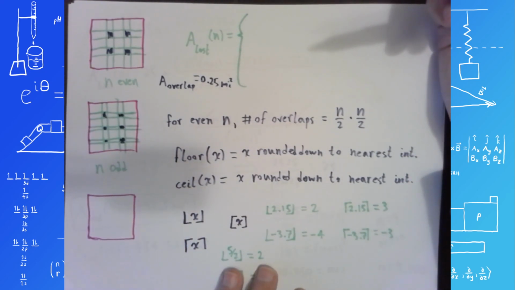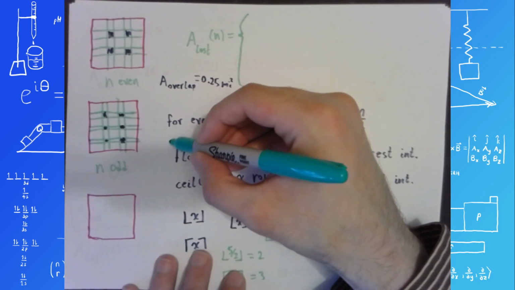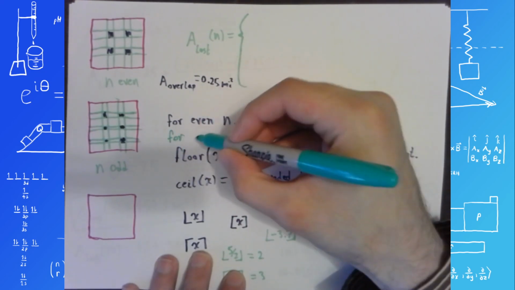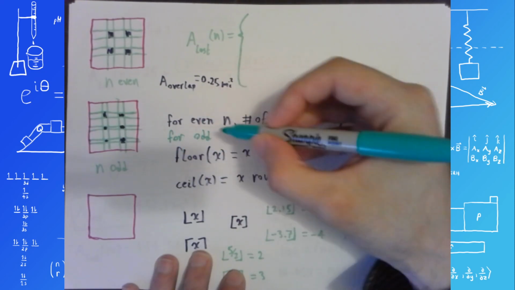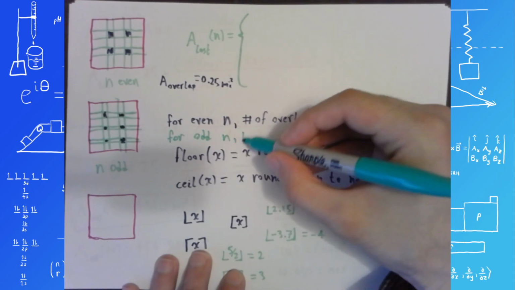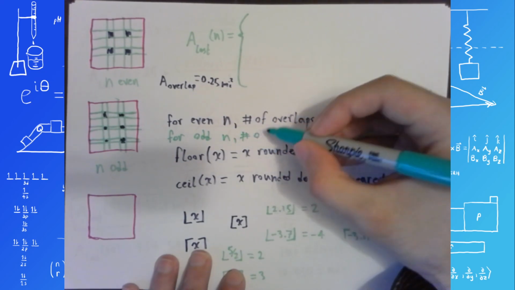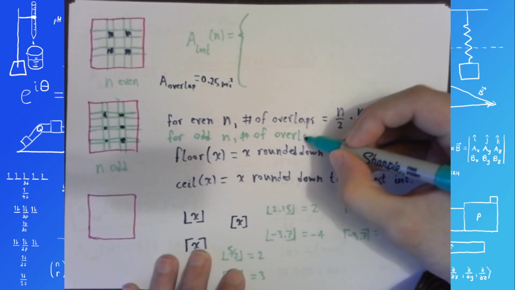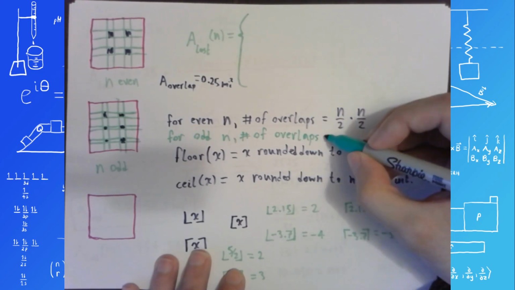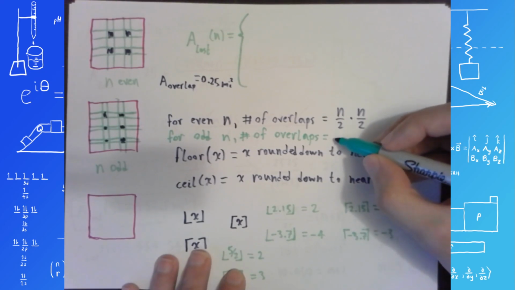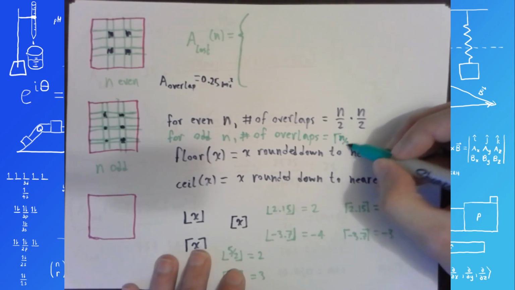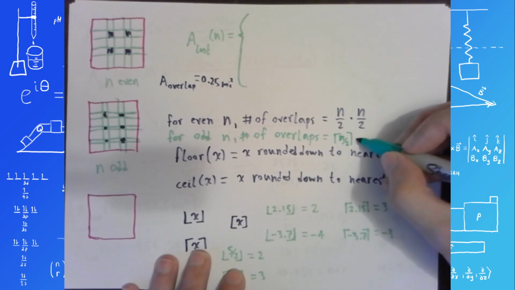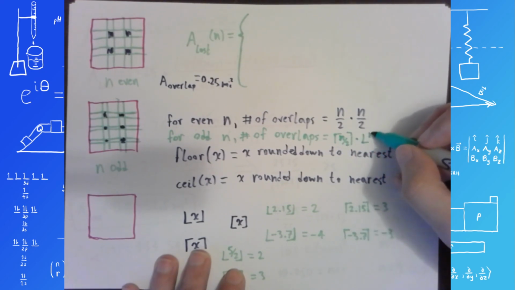So where do I want to write this? I guess I'll write it down here. For odd n, number of overlaps equals floor or ceiling of n over 2 times floor of n over 2.